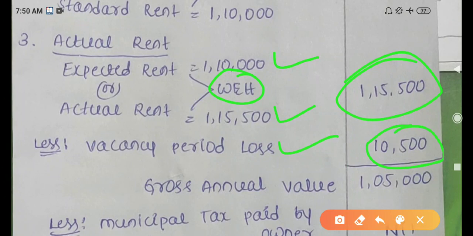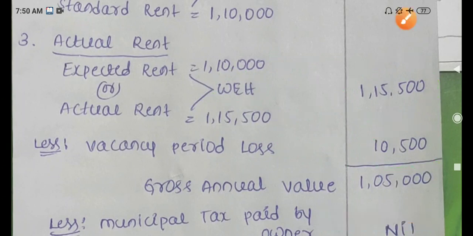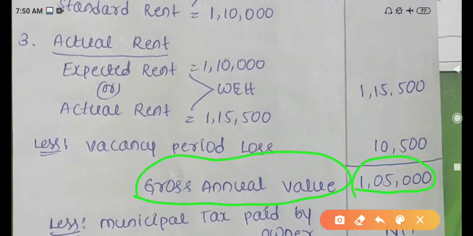In that case you have to consider per month what is the amount of rent. So in the question 10,500 is the monthly rent, so vacancy period 1 month, so that 10,500 will be the vacancy period loss. Now if you deduct the 10,500 from 1,15,500, you'll get 1,05,000. So that is considered as the gross annual value.